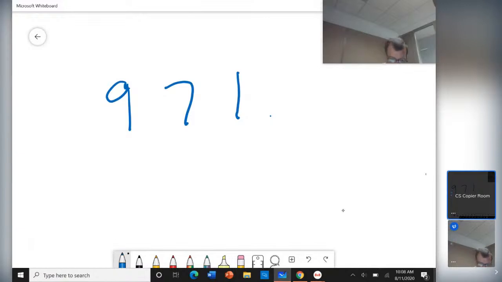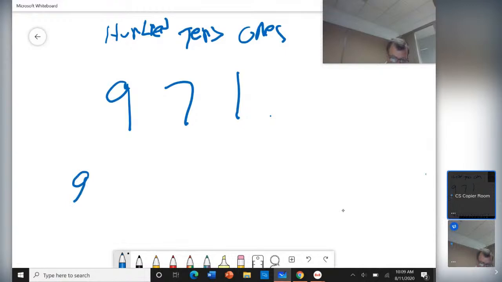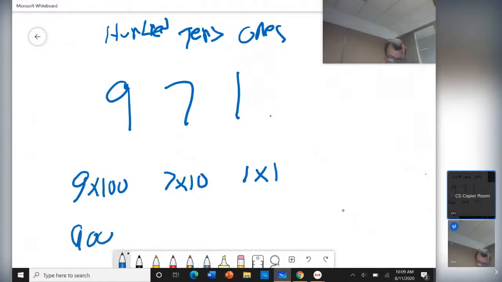What that would mean is, this is the hundreds, tens, ones. So this would be 9 times 100, 7 times 10, and then just 1 times 1. So that'd be 900 plus 70 plus 1. Okay, so that's what I mean by scientific notation.